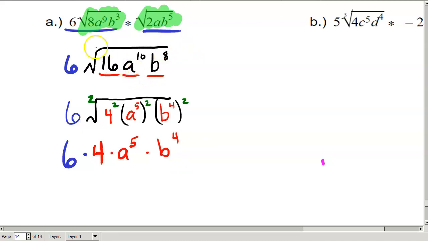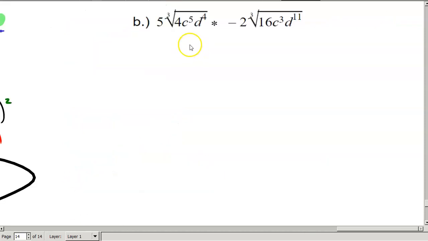Even if you just divide the exponent by the index, you're going to get the same thing. 10 divided by 2 is going to give me that 5. 8 divided by 2 is going to give me that 4. Okay. The only problem would come in is if you have a remainder there, then you have to keep some terms inside the radical. But this one comes out nice and clean. So this is 24 a to the 5th, b to the 4th.